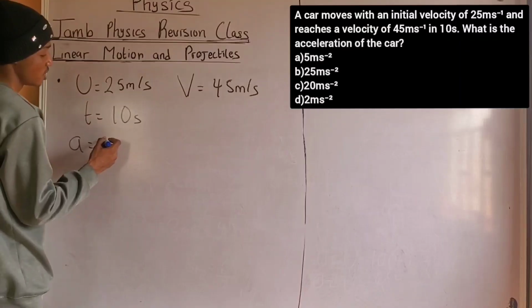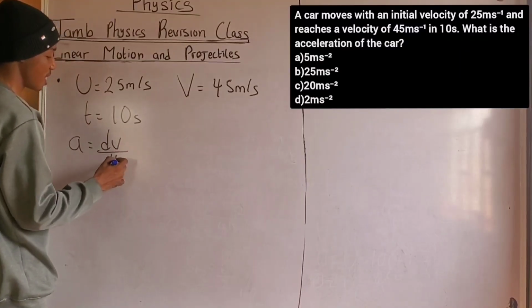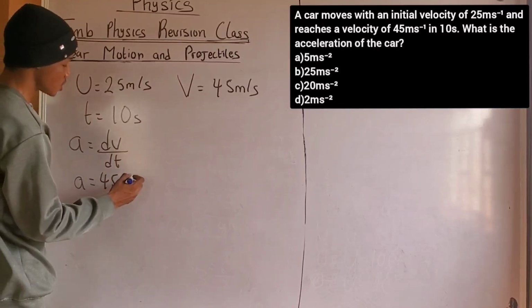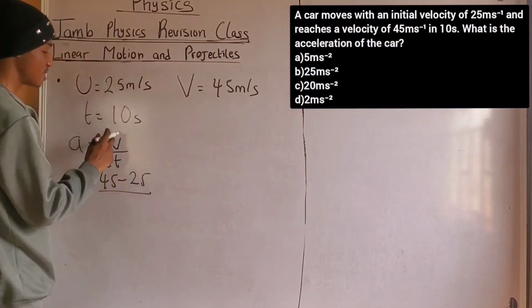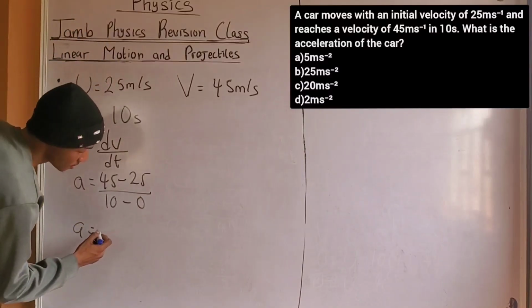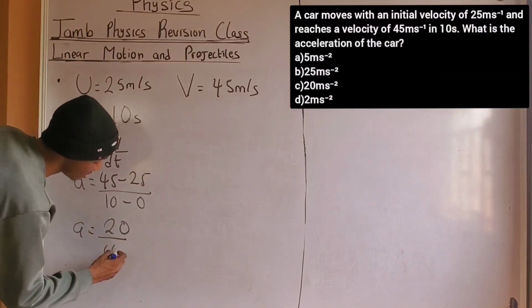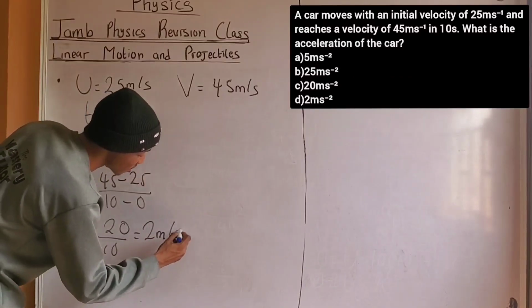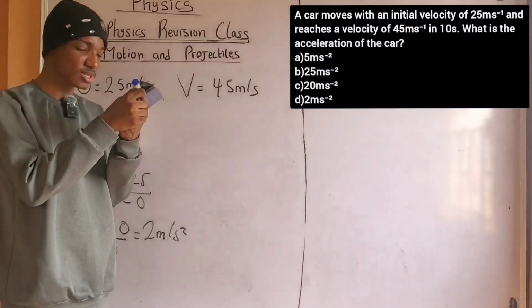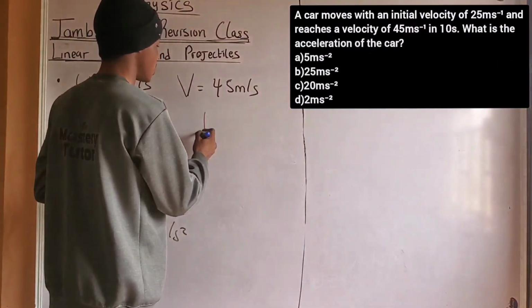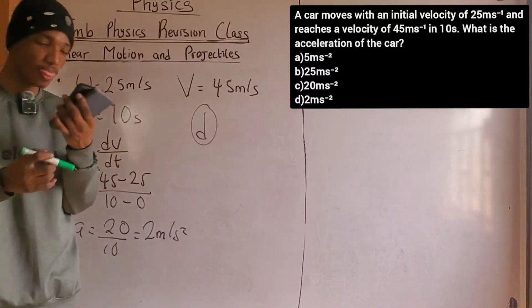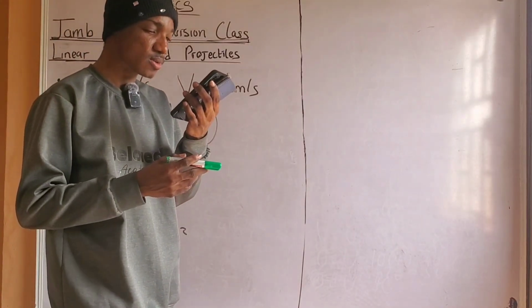Acceleration equals change in velocity over change in time, right? So acceleration equals 45 minus 25 over 10 minus 0. Acceleration equals 20 over 10, which equals 2 meters per second squared. So that is the solution to that question. The correct option is option D. Okay, let us proceed to the next question.